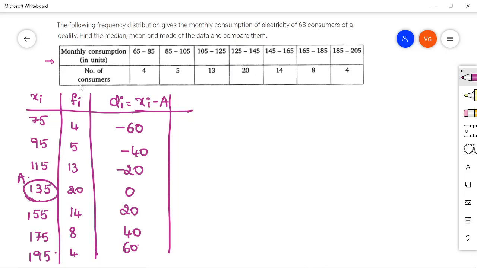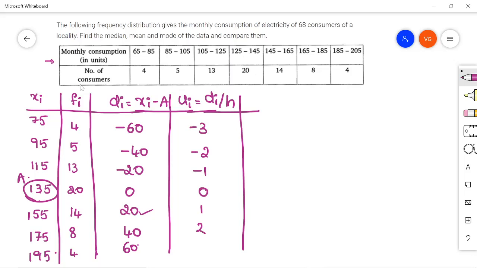Now you have to select h, the height of the class, such that you can simplify this. ui is equal to di by h, the step size. Out of all these values, one common number we have to take. So you can select it as 20. So di by 20: minus 3, minus 2, minus 1, 0, 1, 2, 3.